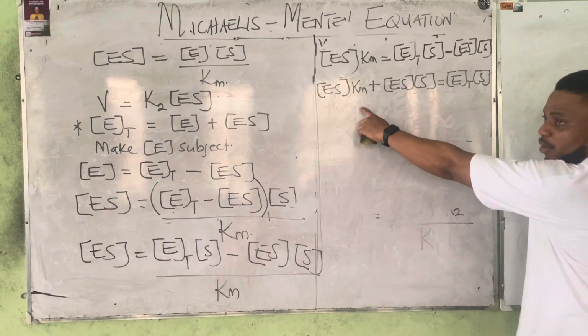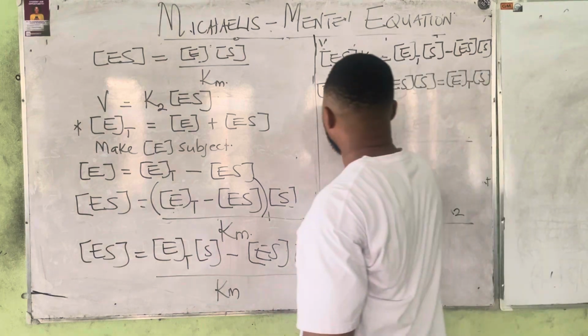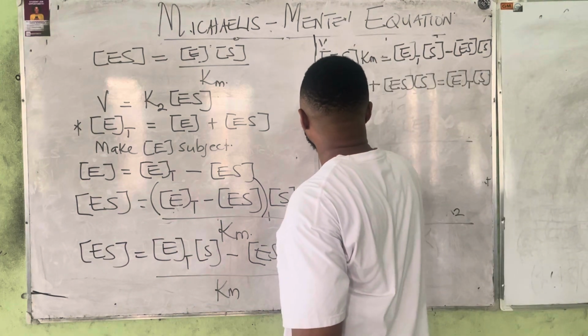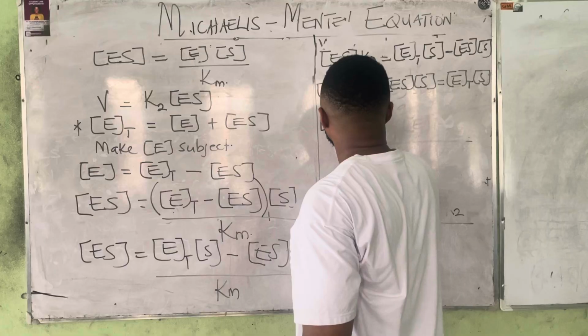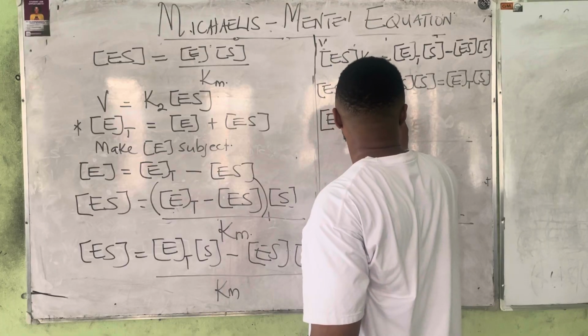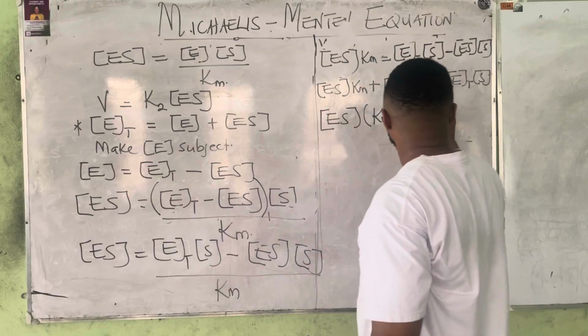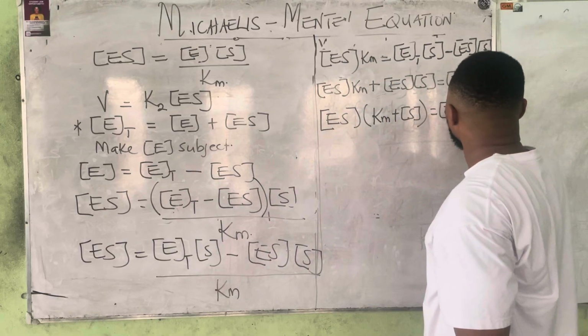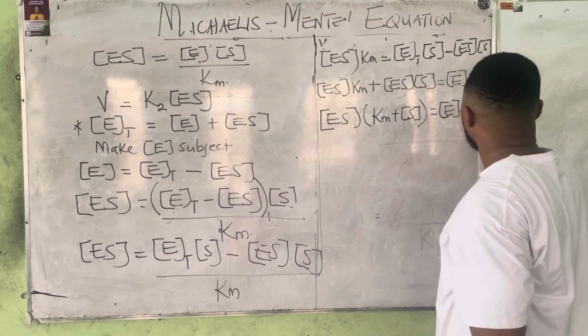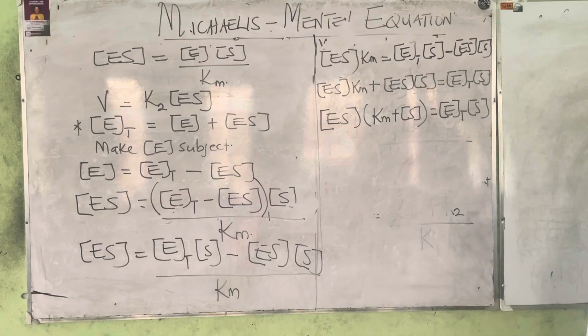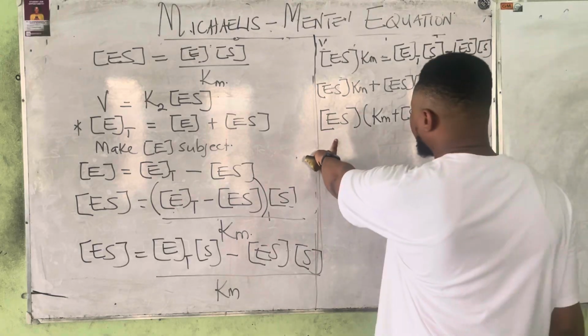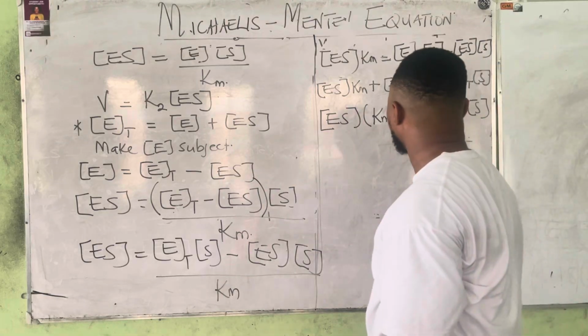So we can factor out here now. We can factor out ES here. So when we factor out ES, we will now be left with Km plus what? Plus S. Is that correct? Equals to ET S. So can we make ES subject to a formula now?